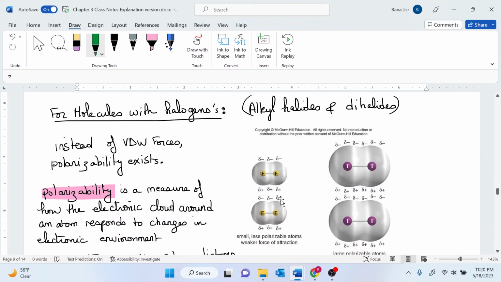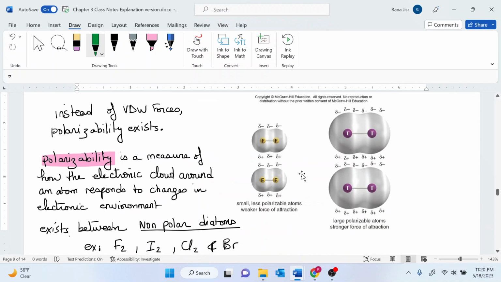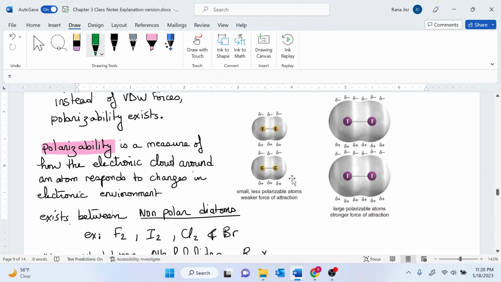So, by definition, polarizability is the electronic cloud around the electronegative element. And polarizability normally exists between nonpolar diatoms.